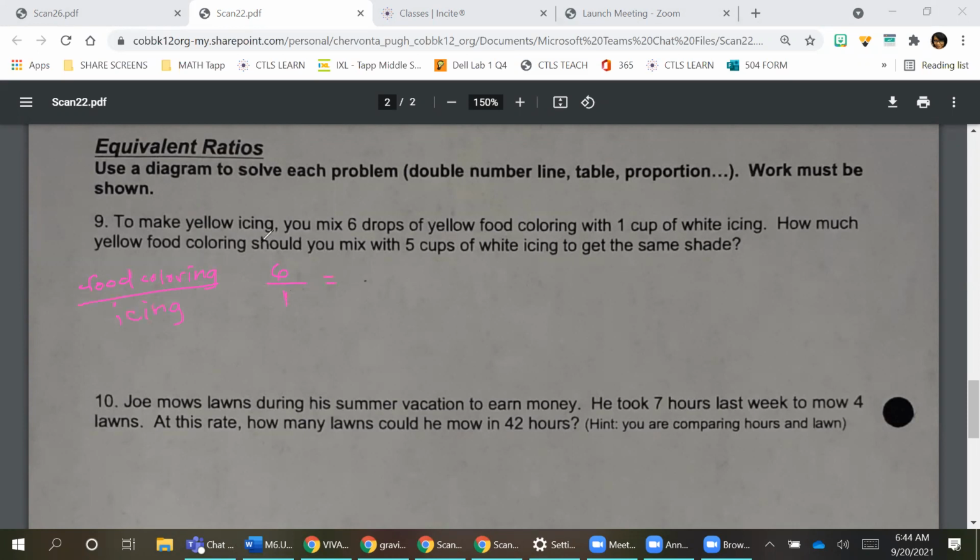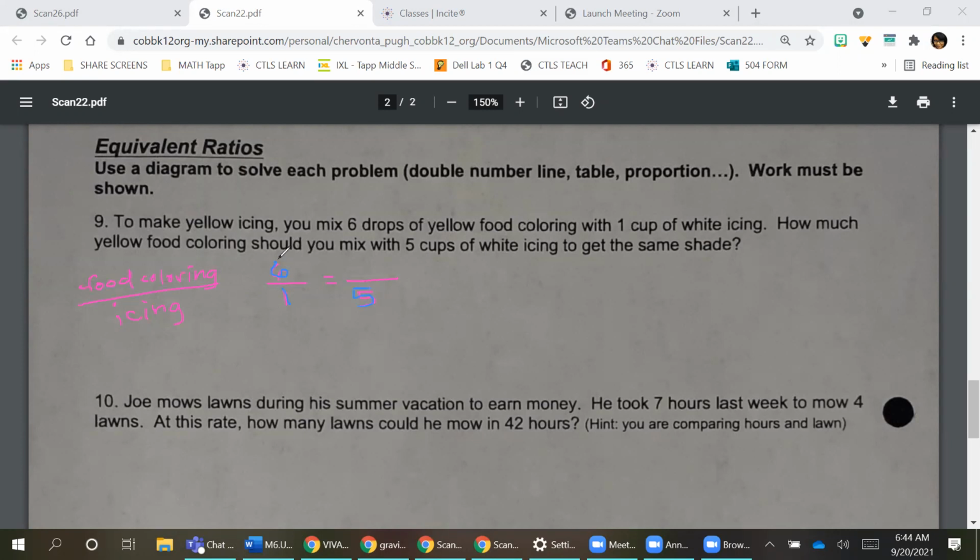And I am comparing that to, they want to know, what if you had 5 cups of icing? Notice that my icing is, they're both staying on the bottom. I'm not mixing up the order here. So let me make these just a tad bit darker for you.